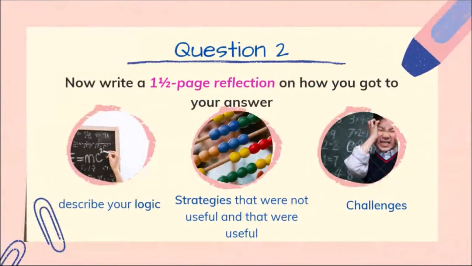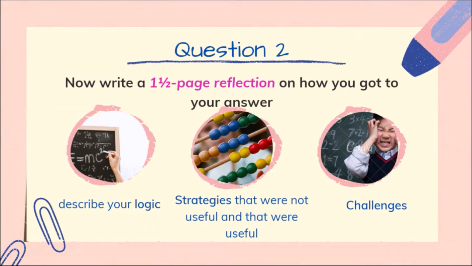And then the second part and the main part of this POE is to write a reflection on this process. So your reflection needs to be on how you got to your answer. And part of this reflection needs to include you describing your logic. So what was your thinking? What was your thought process? Why did you start going through this strategy? What did you do?